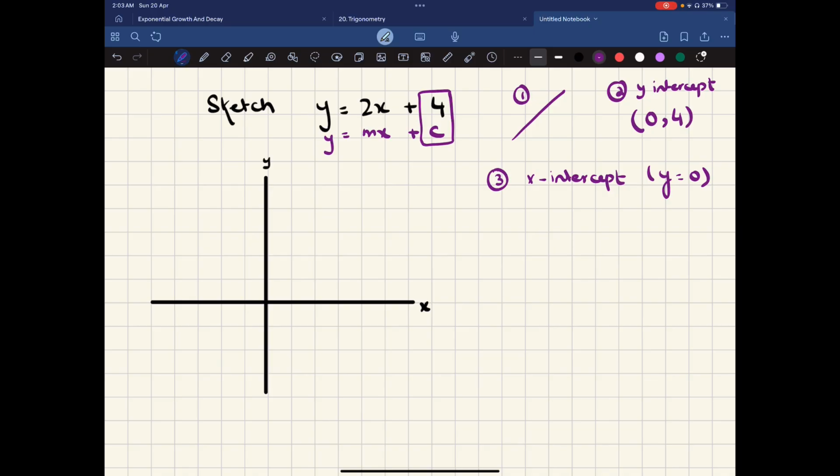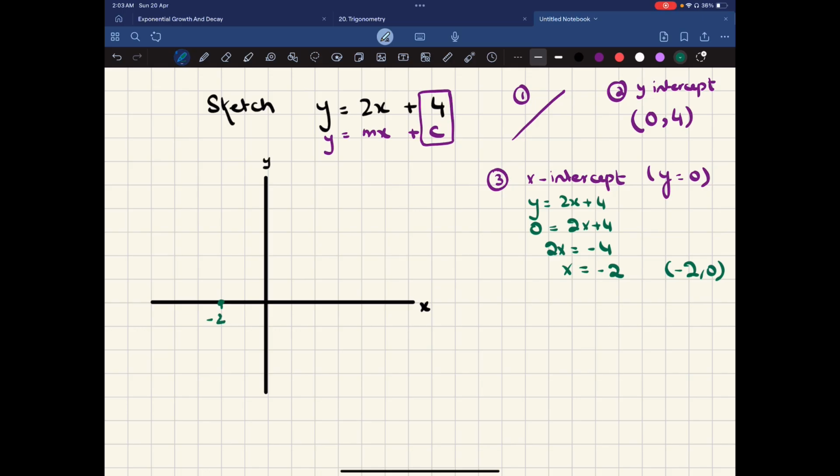So what are we going to do? This is our equation, y equals 2x plus 4. We're going to substitute y as 0 to find the x-intercept. x equals negative 2. So what is the point? Negative 2, 0.